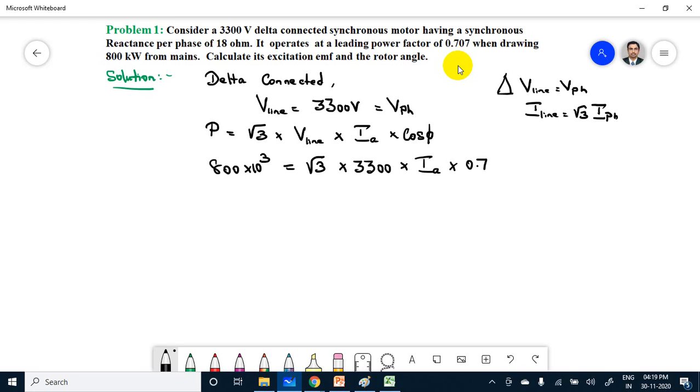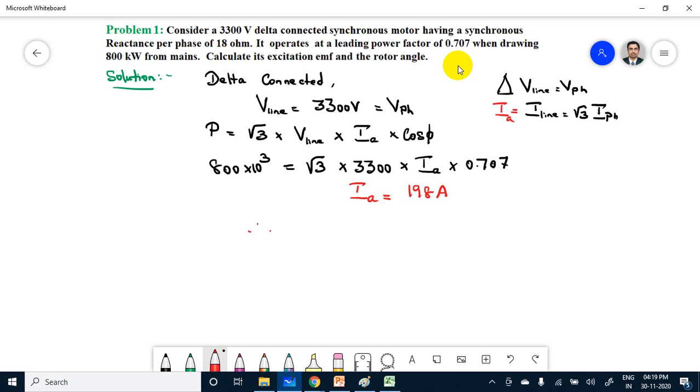Can anyone tell me the IA value? I got 198 ampere, because IA is nothing but line current. The armature is nothing but the stator, so IA equals I line.